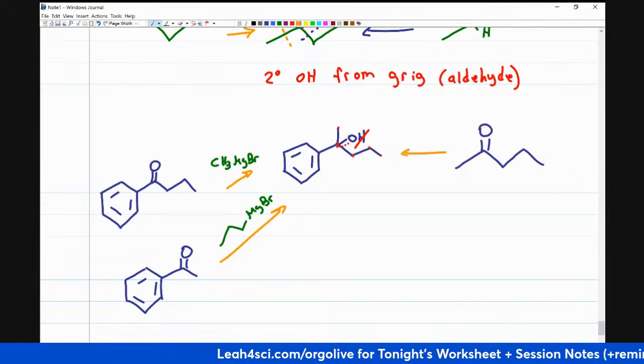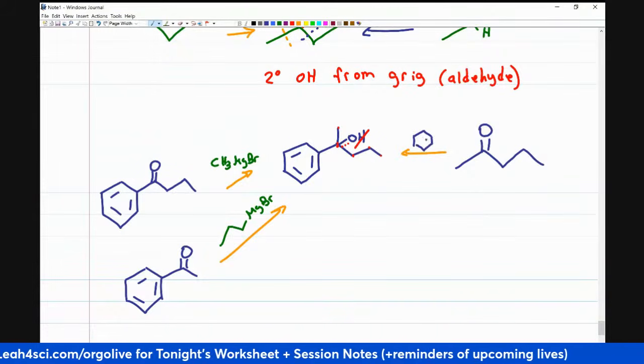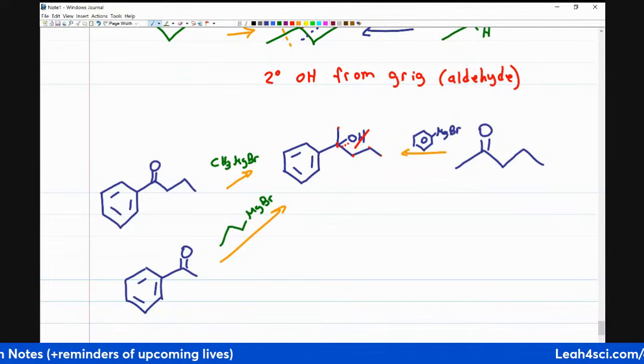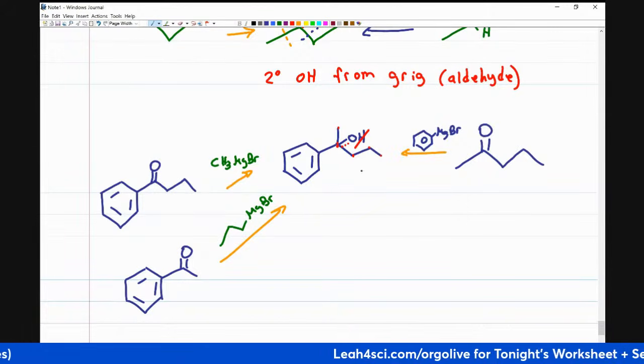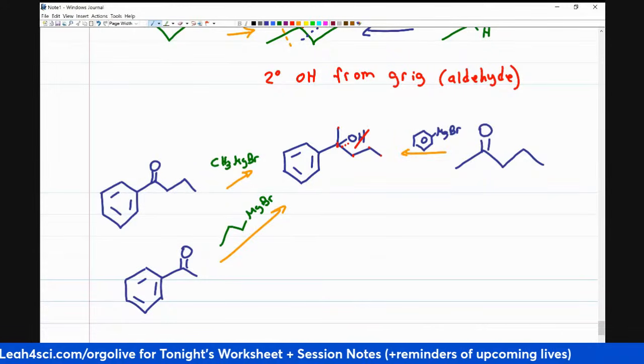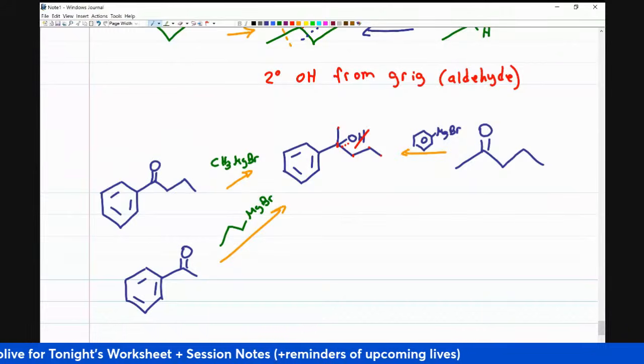And then the attacker was this right here, MgBr. Okay, so I could have had this attack the long chain. That chain, that chain. Actually, no, it's just 3. I don't know why I was thinking there could have been a 4th one. So these are your 3 different options that each could have led to the final product.